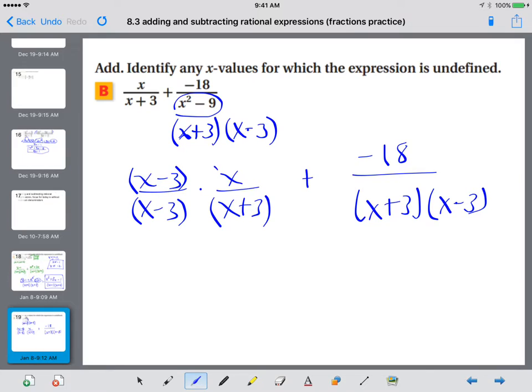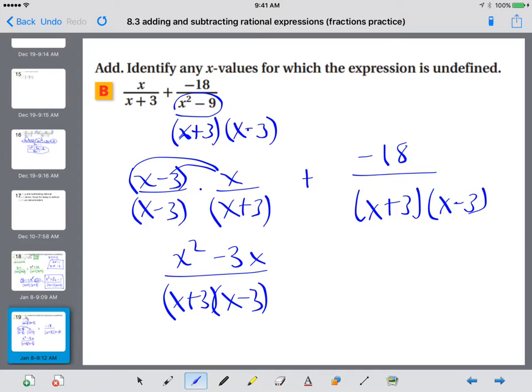So the top, we're going to distribute the x to both terms. We're going to have (x squared minus 3x) all over (x plus 3)(x minus 3), plus we've got this negative 18 over (x plus 3)(x minus 3). Now if we add across the top, there's no terms to combine.